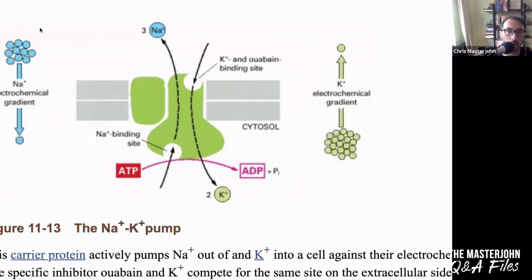So the best way to understand an electrochemical gradient, I think the easiest way to think about it, is to directly borrow from the food coloring analogy. So if you were to take sodium, and more accurately, if you're in your kitchen, you'd be taking sodium chloride, but ignore the chloride for now.